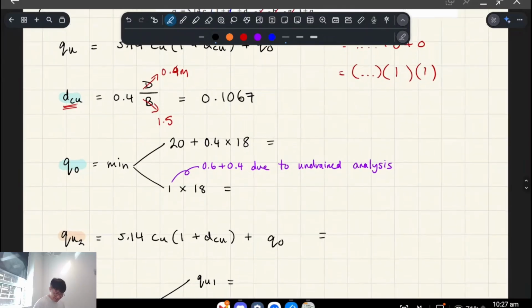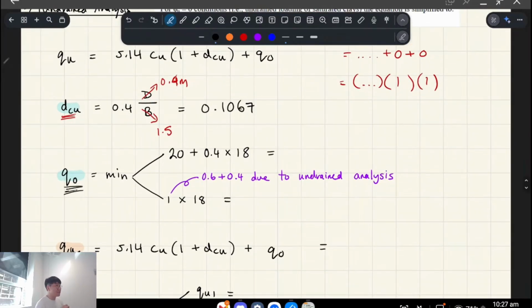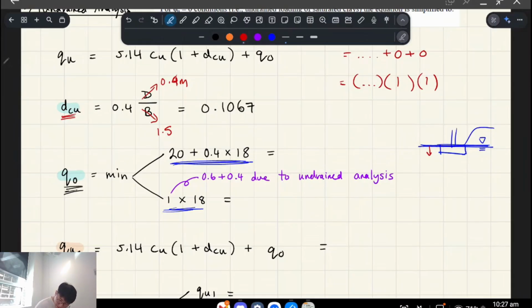All right, and then for minimum for surcharge, right? We're basically reworking this out, and the reason is because if you think about our loading scenario, right? It looks like this, and the water table was here, so that's a water table, right? So on the left we have 0.4 meters.